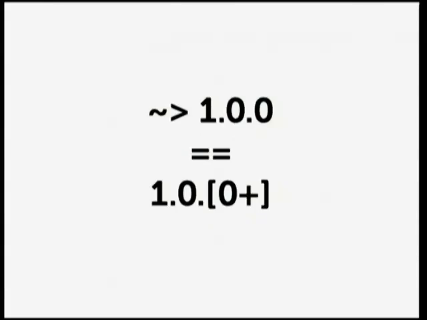So the dependency that ActionPack has is what will raise the exception at this point, because tilde greater than 1.0 basically means anything greater than 1.0 but less than 1.1. But in this case, rack 1.1 was already activated, so you get the error.